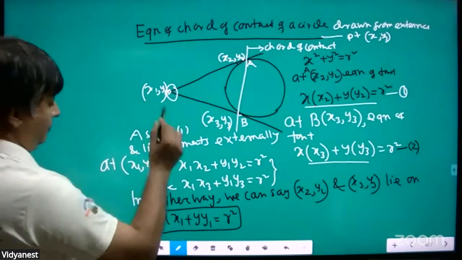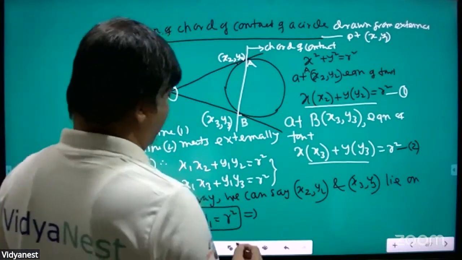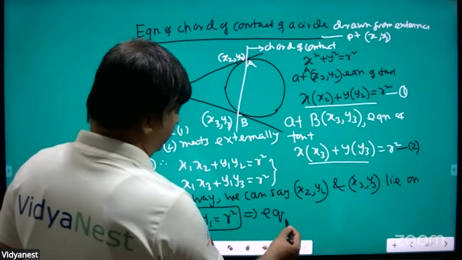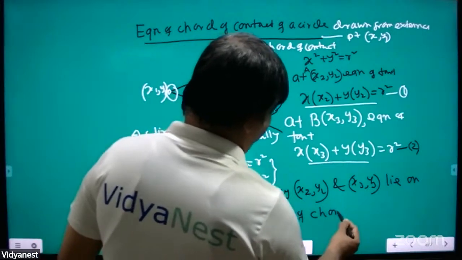That is the equation of chord of contact.